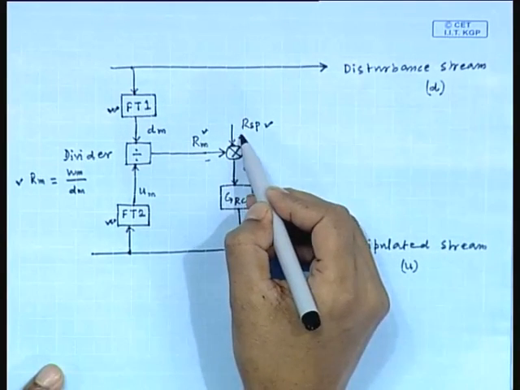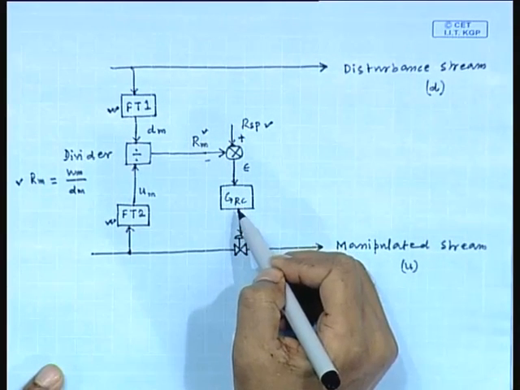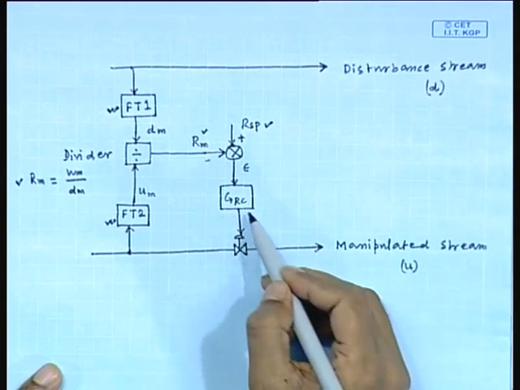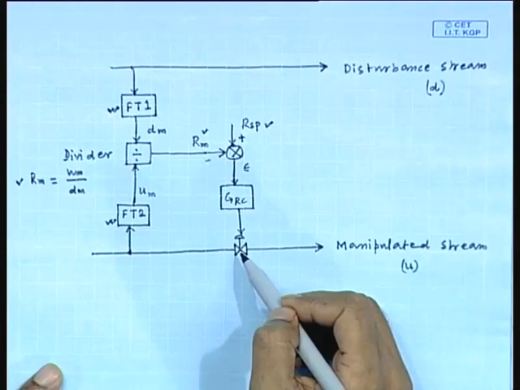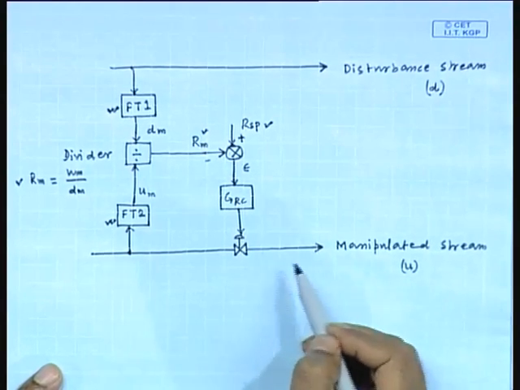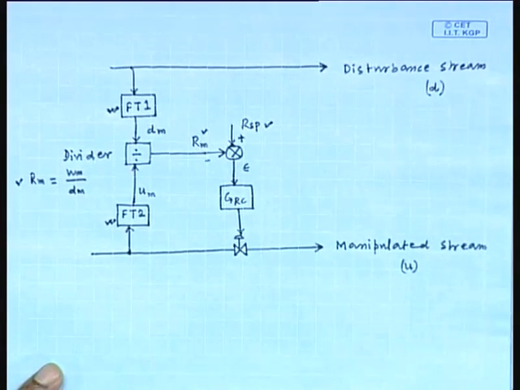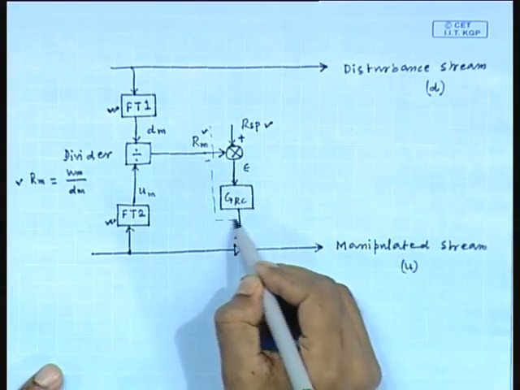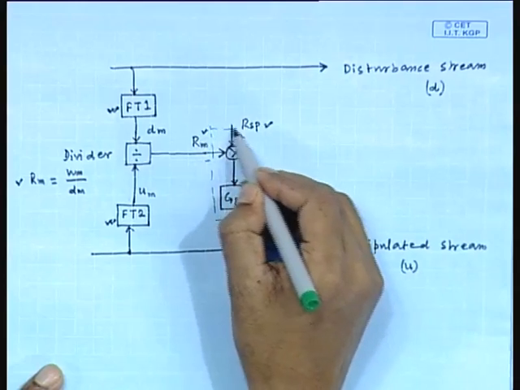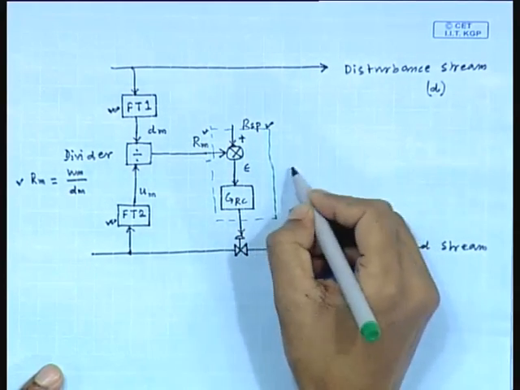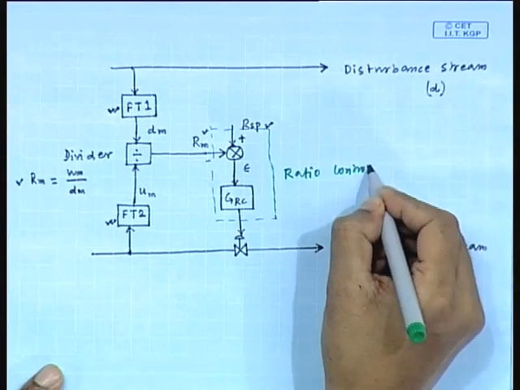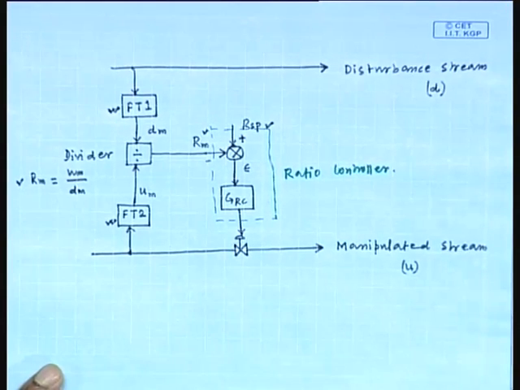Then this error signal goes to the controller. GRC is the transfer function of the ratio controller, and the controller action is used to control this manipulated input. So, this is the ratio controller.